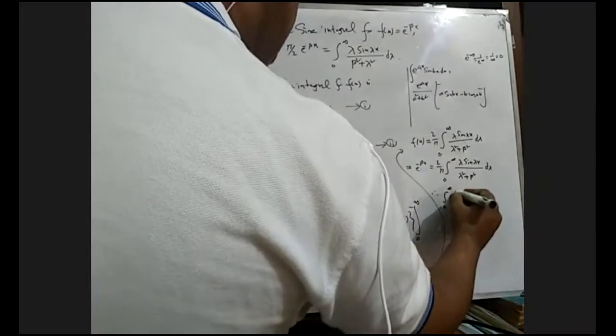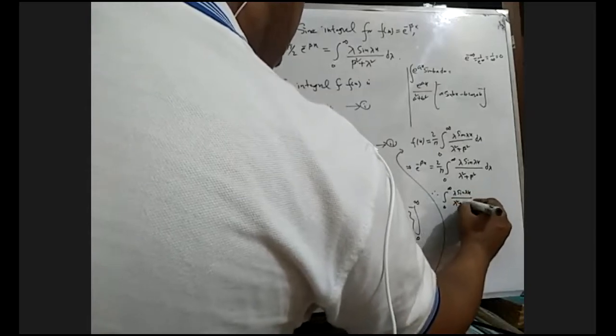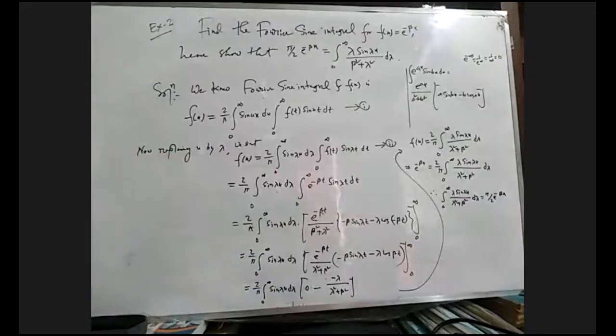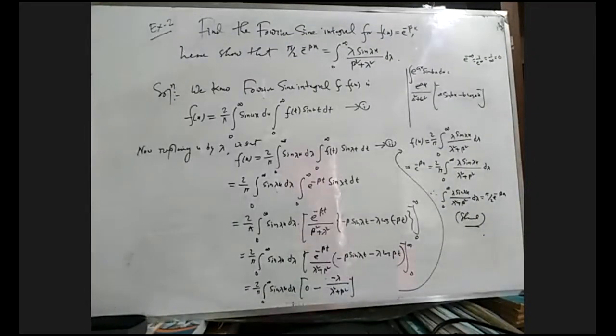Therefore, this integration can be written as integral 0 to infinity lambda sin lambda x divided by lambda square plus beta square d lambda equals to pi by 2 e to the power minus beta x. This is the required result.